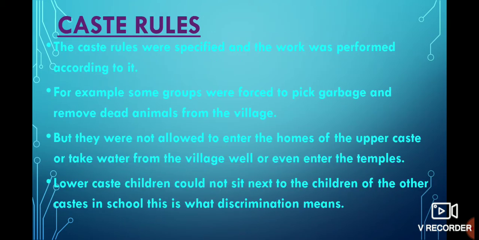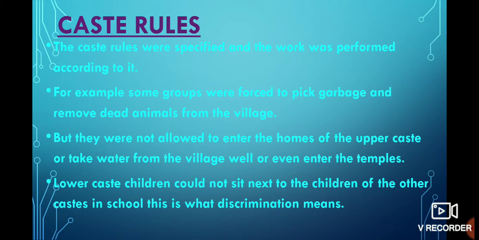The caste rules were specified and the work was performed according to them. The caste rule was that a person belonging to a certain caste should do that work only. So works were distributed according to caste. For example, some groups of people belonging to the same caste were forced to pick garbage and remove dead animals from the villages.